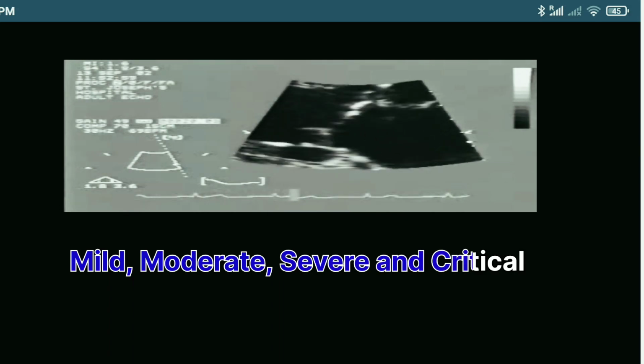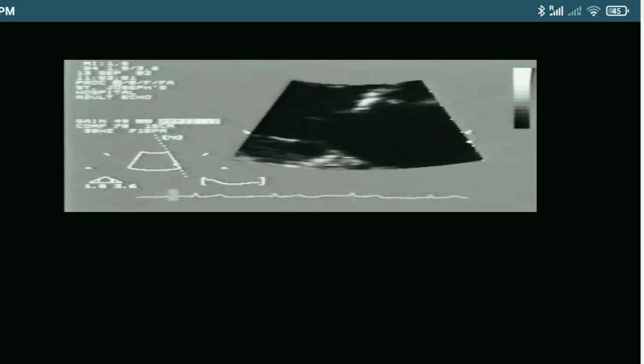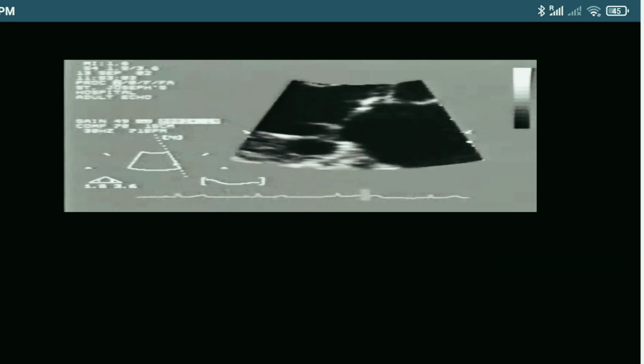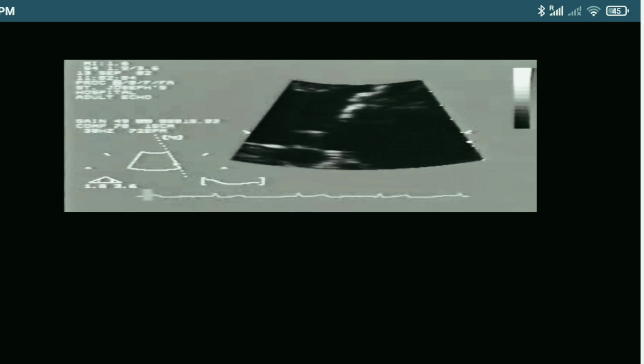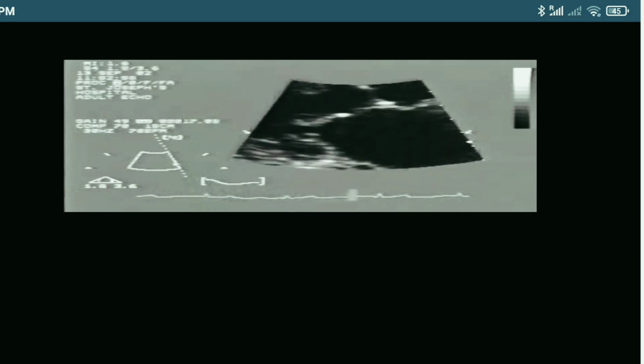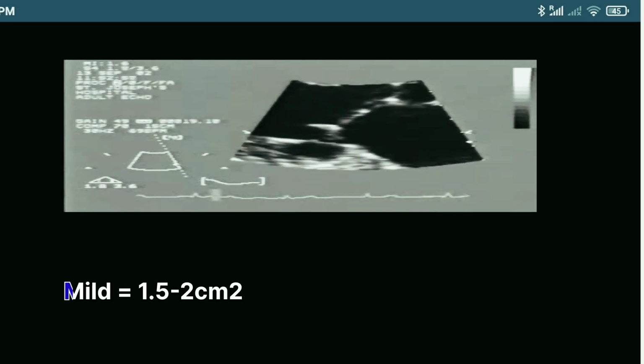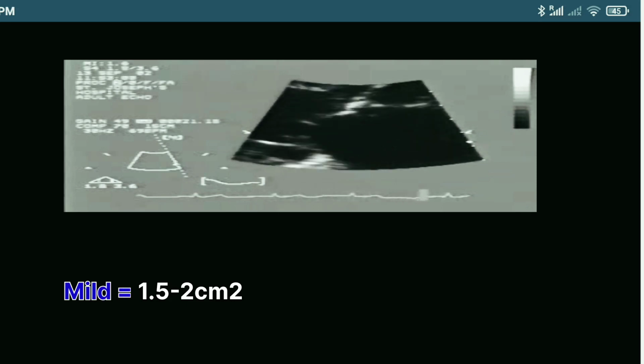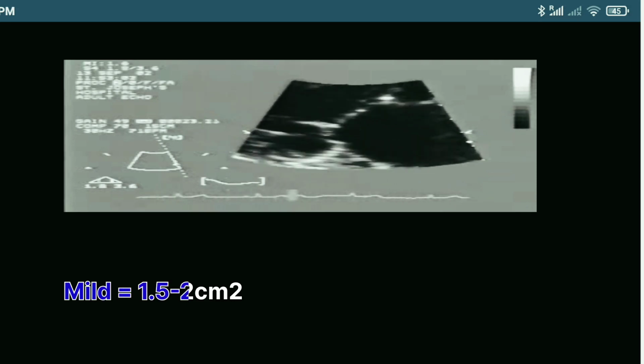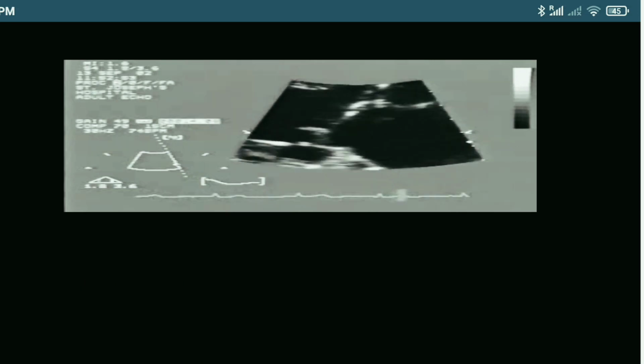If you talk about the first one, mild mitral stenosis, the surface area of the mitral valve is approximately 1.5 to 2 centimeters squared.